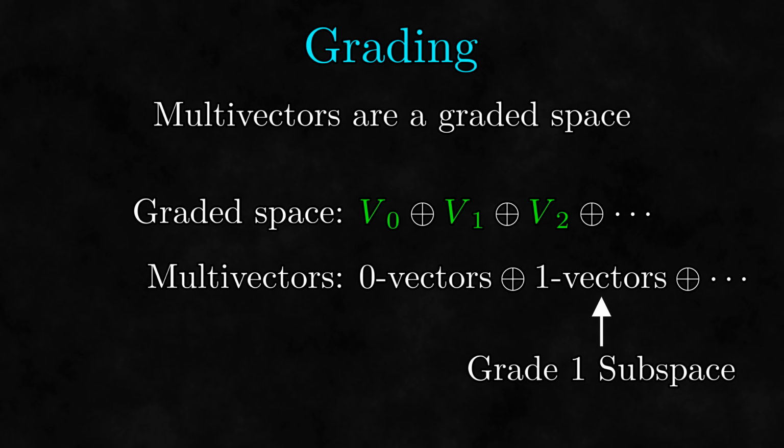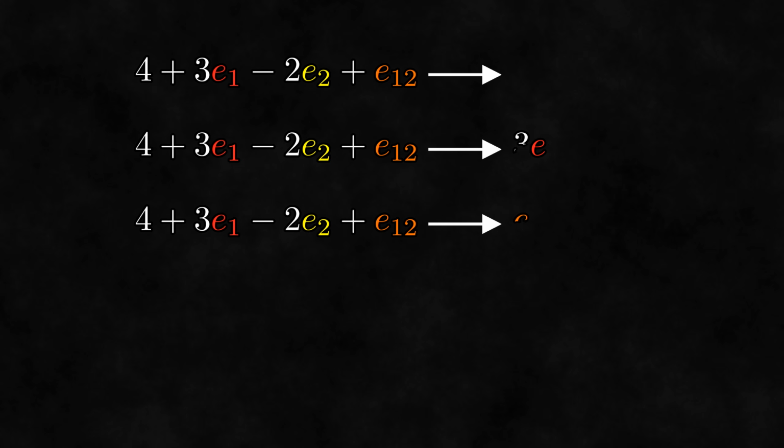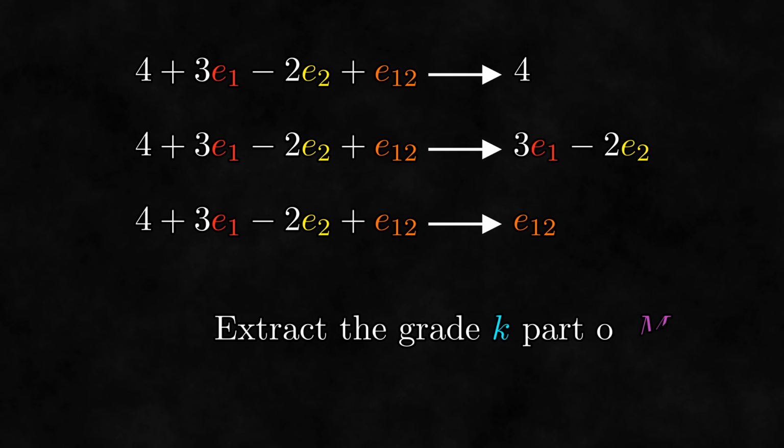After adding several grades together, it can often be useful to undo the sum. For example, if we have a multivector that was created by adding a scalar, a vector, and a bivector, we might want to get the scalar, vector, and bivector back. We can generalize this idea to extracting any particular grade from a multivector.